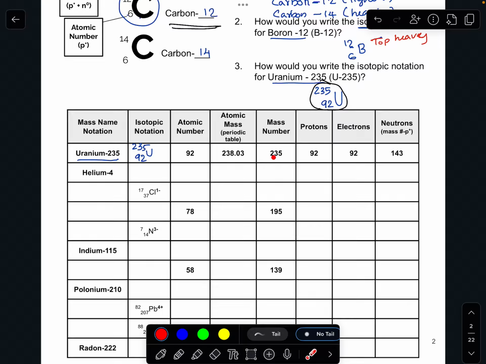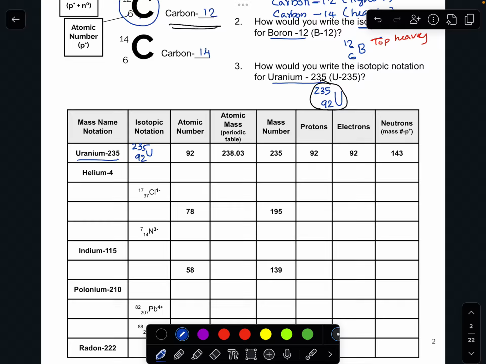Mass number is always a whole number, and look at the periodic table, you will get the atomic mass, which is the average mass of all the isotopes. And again, protons will be equal to the atomic number, and since it is a neutral atom, protons and electrons are the same. To find the neutrons, you have to subtract the mass number minus 92, that is 143.